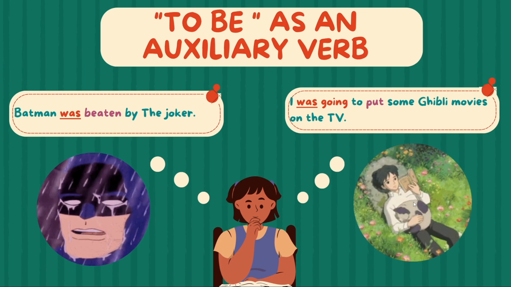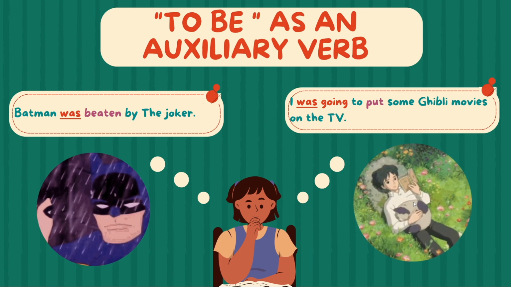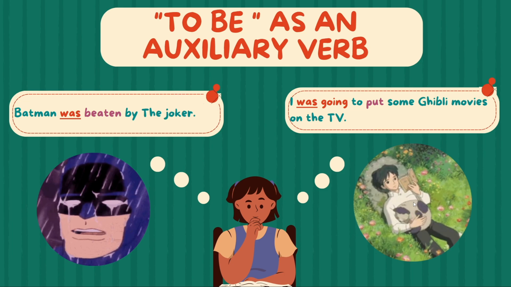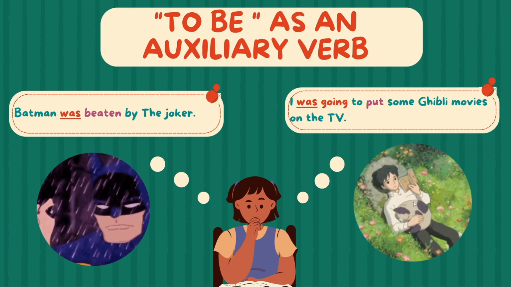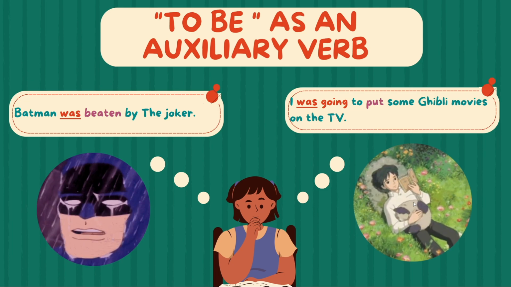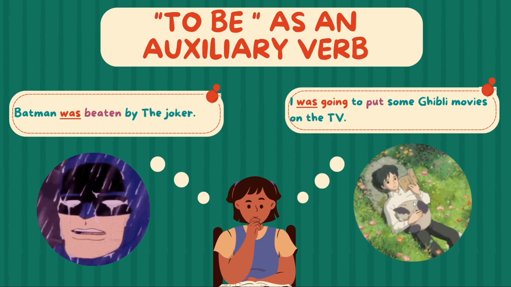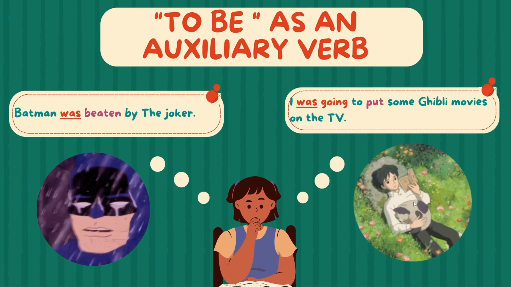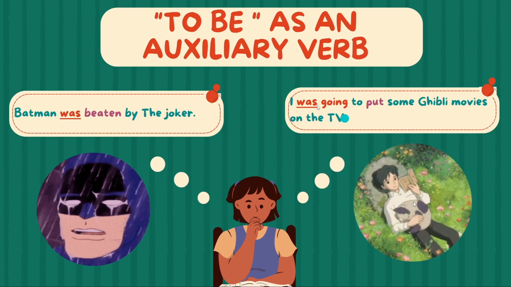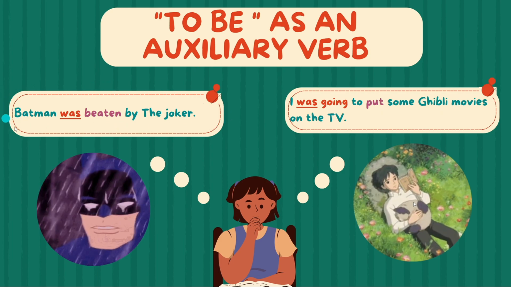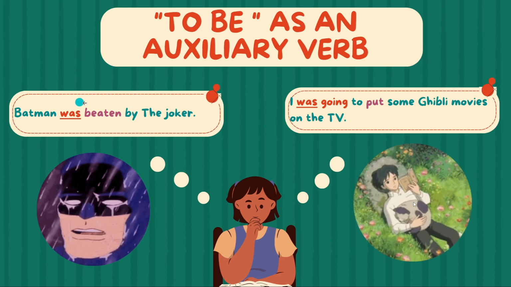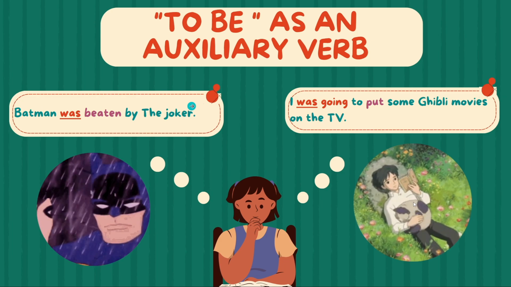Now, another function of to be is as an auxiliary verb. We use the verb to be as an auxiliary when we are using the continuous or progressive tenses and the passive voice. So this is an example of passive voice: Batman was beaten by the Joker.